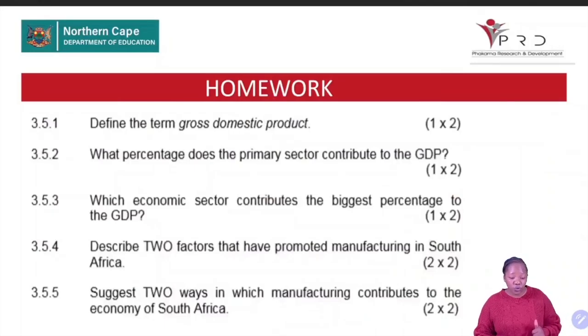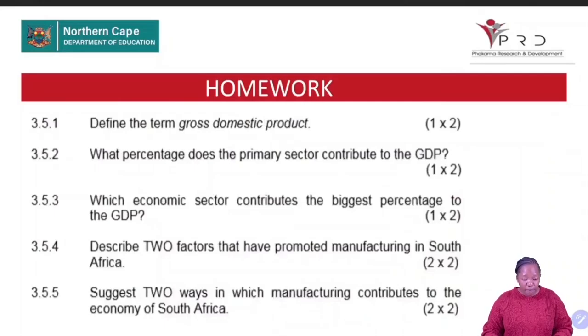So what you do here, you need to group all the items that are included in the diagram that belong to the primary sector. And then the third question, which economic sector contributes the biggest percentage to the GDP? There, again, you need to add all the tertiary sector items that contribute the biggest.